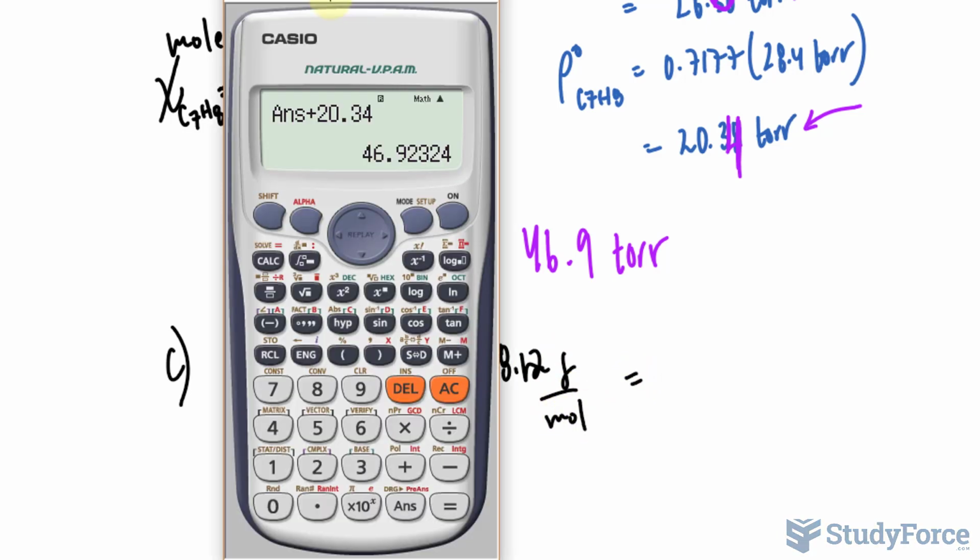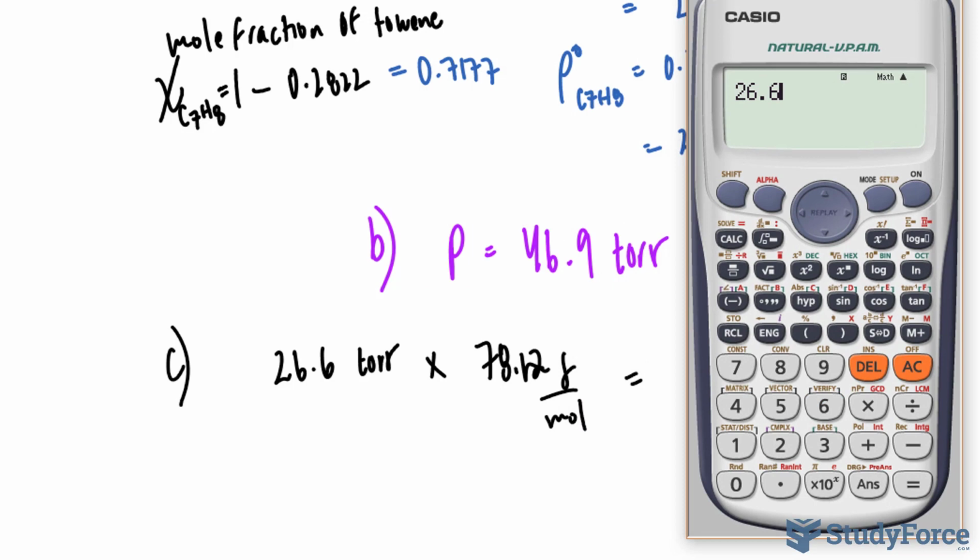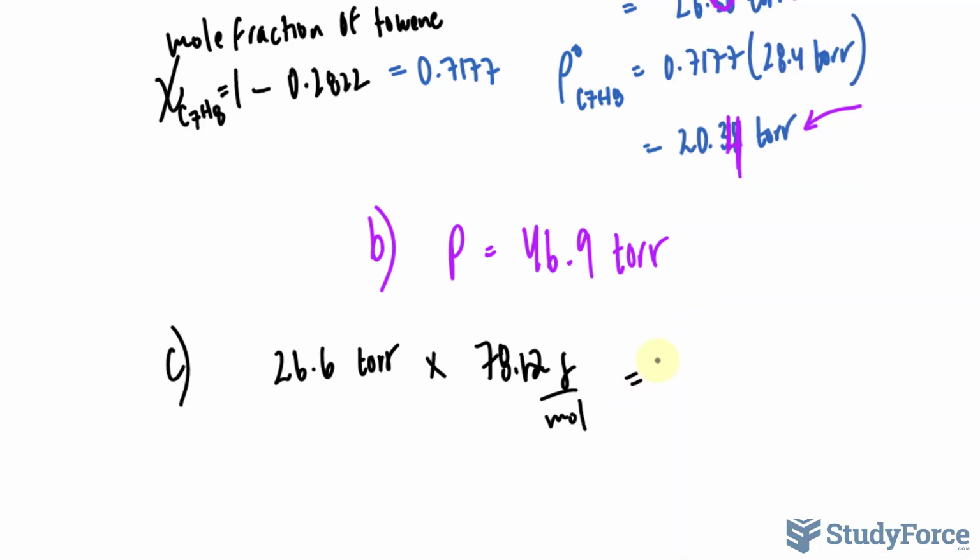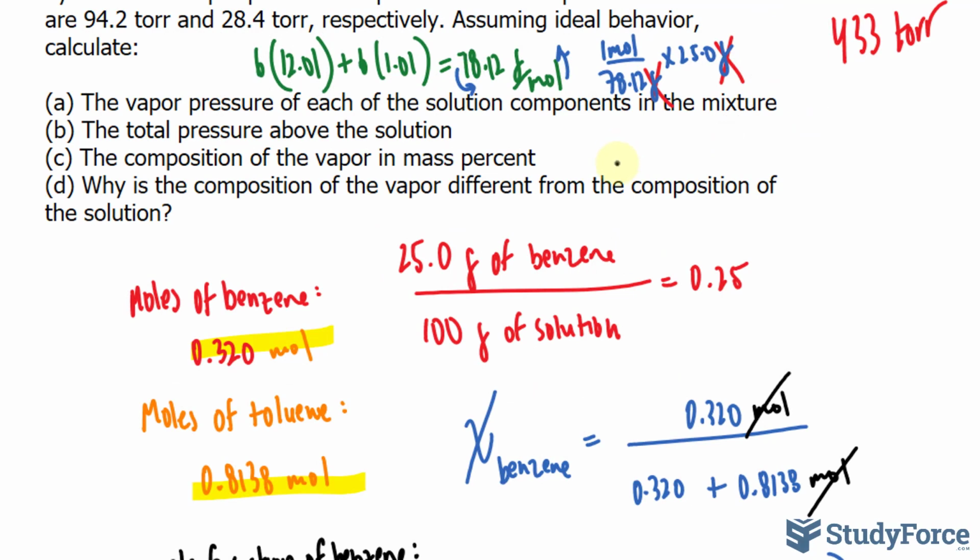Let's go ahead and calculate this. 26.6 times 78.12, and we get 2077.992 torr times grams per mole. We do the same thing for toluene. It's not shown here, but the molar mass of toluene is 92.14 grams per mole.